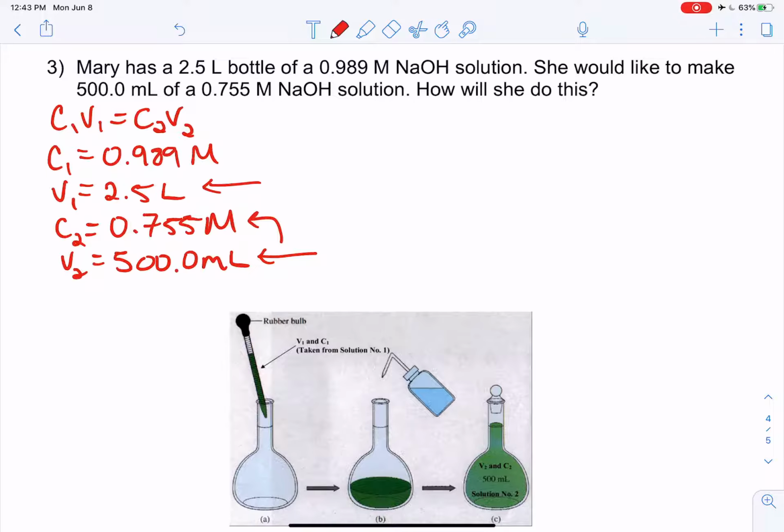Think about a big bottle of soda from the grocery store, like Pepsi or 7-Up. That's 2 liters. So we don't need the entire 2.5 liter bottle of our concentrated NaOH. We need to figure out how much of that 2.5 liters we need to use.